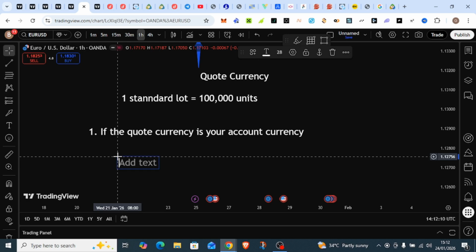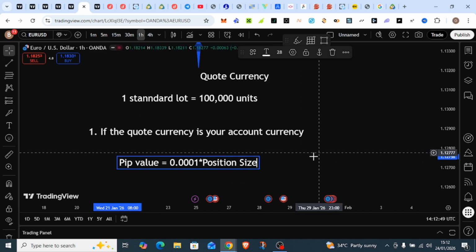Pip value will be equal to 0.0001 multiplied by position size.